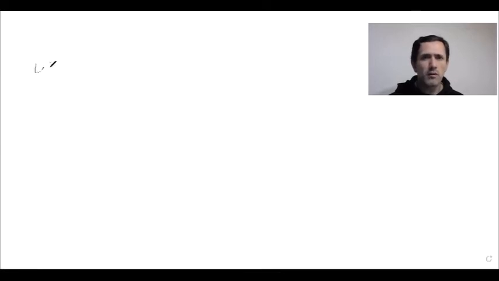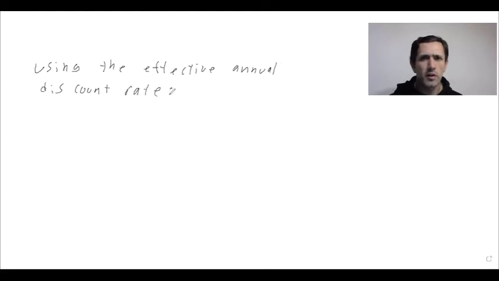So first, using the effective annual discount rate, and I should say that the fact that I'm even using the term effective discount rate should hint that there's going to be nominal discount rates coming up, and that's exactly what we'll do next.